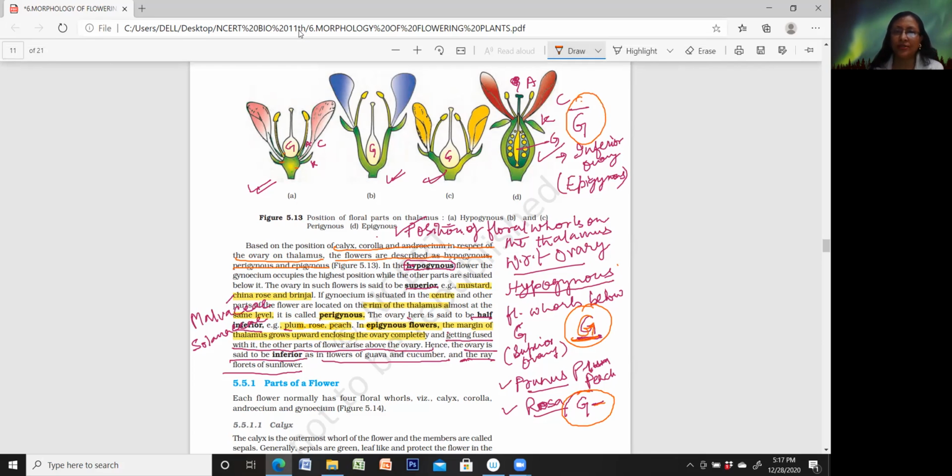The examples, as we have discussed, guava, cucumber, that is cucurbits. So you can always remember the family name, Cucurbitaceae. Then ray florets of sunflower. This is actually Asteraceae. Sunflower belongs to family Asteraceae.